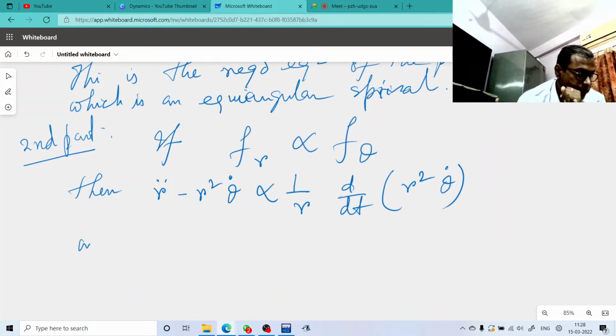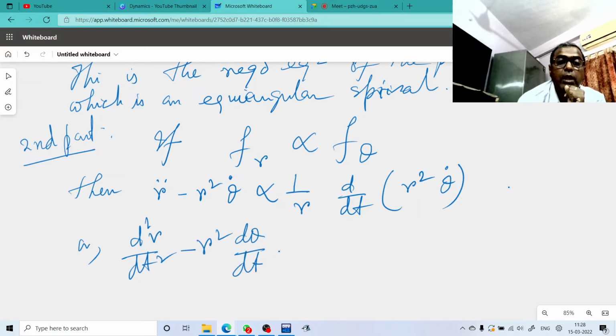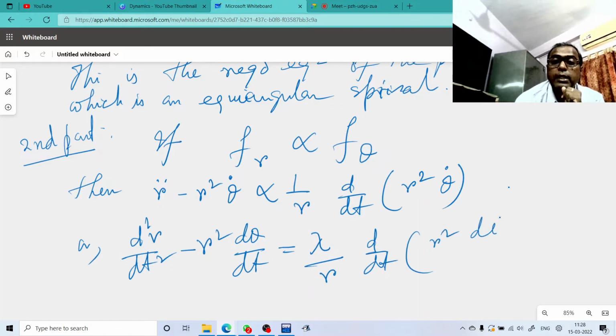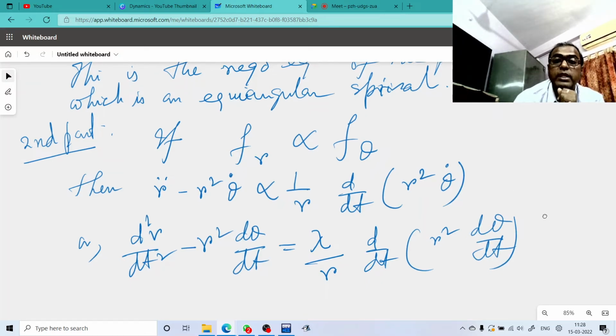Or d2r/dt square minus r d theta/dt square equals some constant of variation lambda by r d/dt of r square d theta/dt, where lambda is the constant of variation.